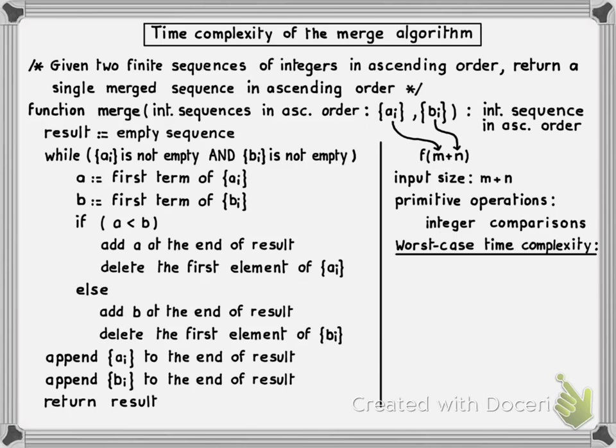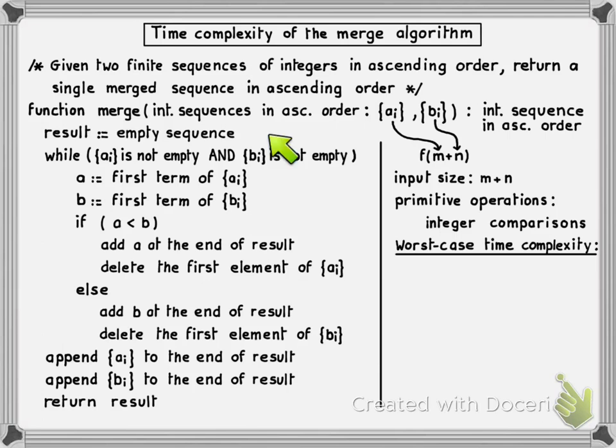So another way to look at the while loop is to realize that for each iteration of the while loop, the result sequence is increased by 1, since you insert one more element into it every time.